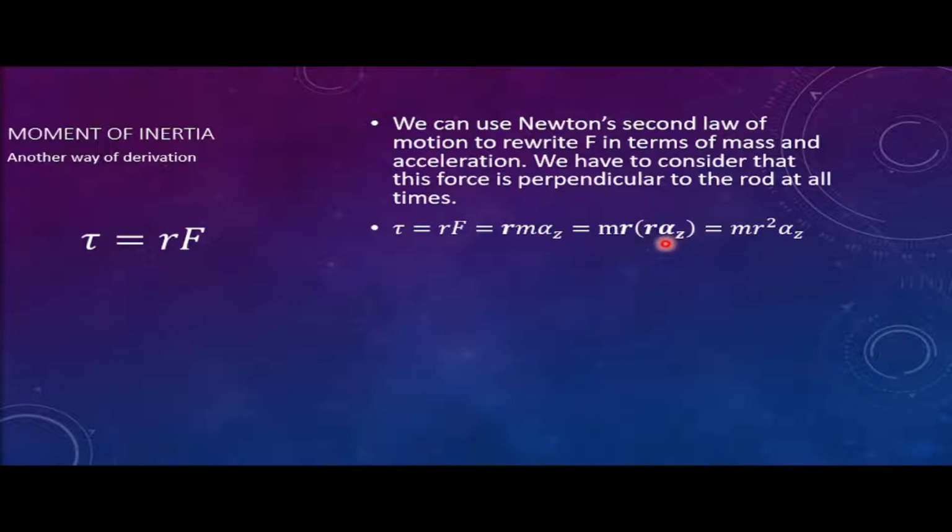We have to multiply these to one another, and we will get m, or the mass of the object, times r squared times a_z. All right, and this term here, the quantity mr squared, is actually called the moment of inertia.